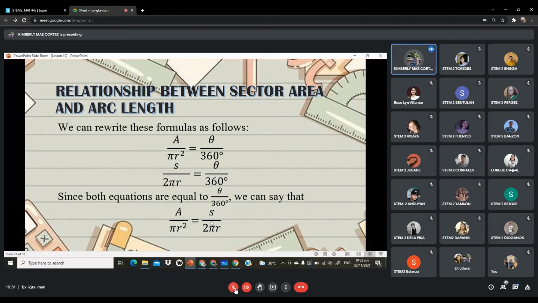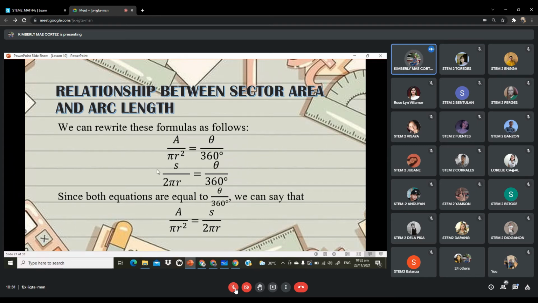So we can rewrite this formula as follows. From area equals theta over 360 degrees times pi r squared, we get area over pi r squared equals theta over 360 degrees.